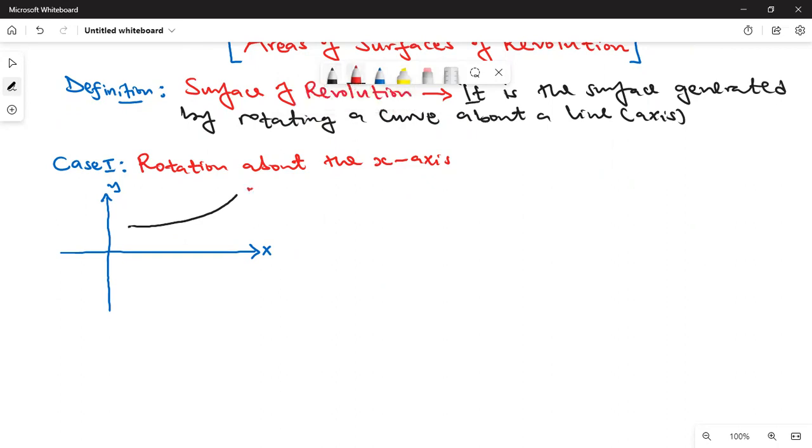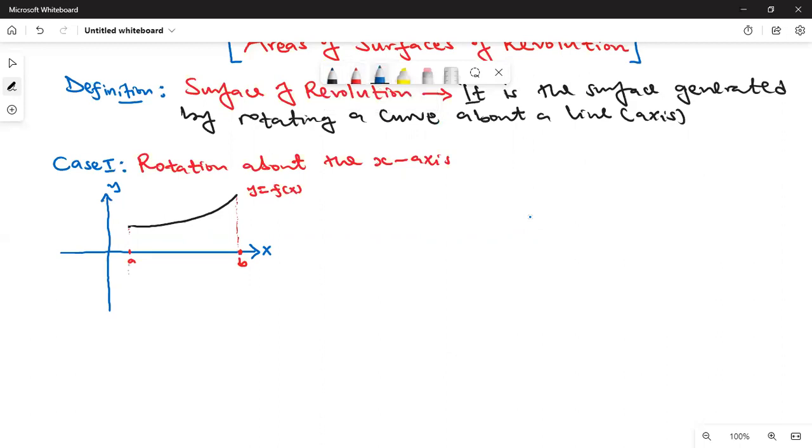So this is y equals f of x, between x equals a, this is a, and this other point is b. So when you rotate it, you are going to get something like a surface, which we need to find its area.